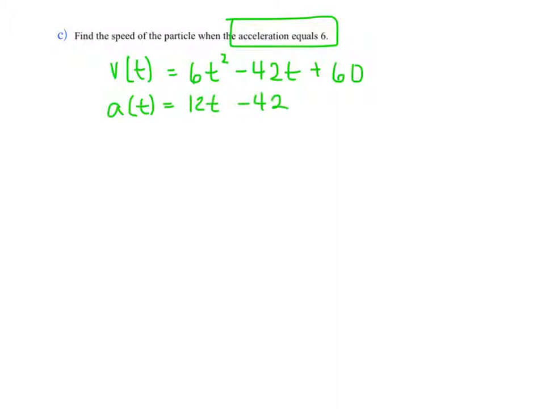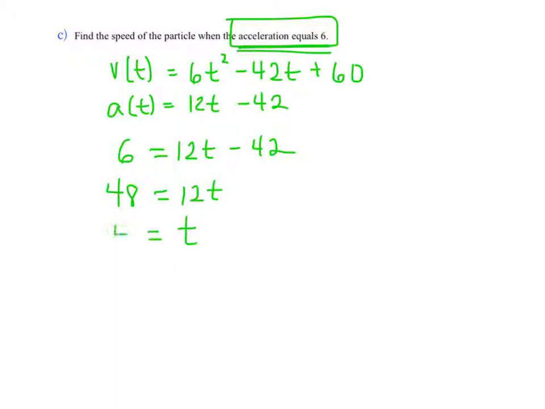Now I want to know specifically when the acceleration equals 6. So I'm going to set my acceleration equal to 6 and solve this equation. I'm going to add 42 over, so that would be 48 equals 12t. And so t here would be 4. All right, so now I know the when part, I know the t.